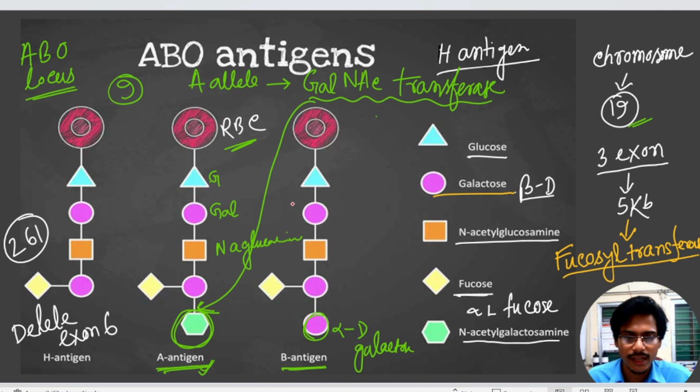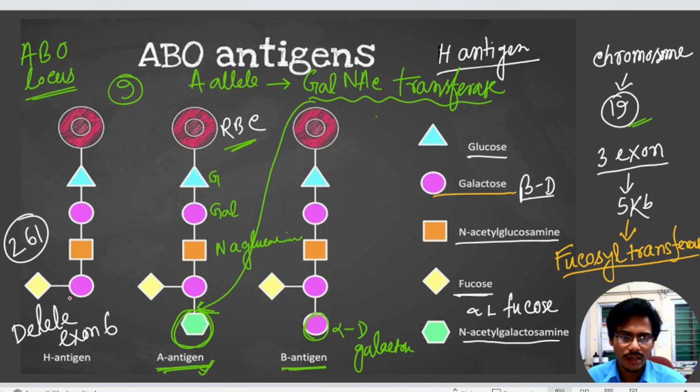Glucose is there, then galactose, then N-acetyl glucosamine, and then galactose. The alpha-L fucose binds to the galactose in that chain. So these are the common features, and with that gene, at position 261, there is a deletion in exon 6.